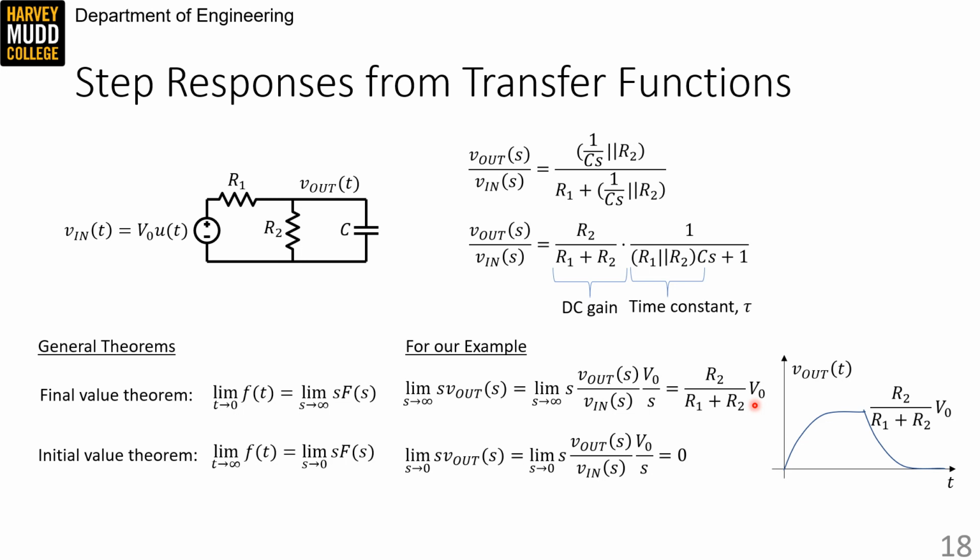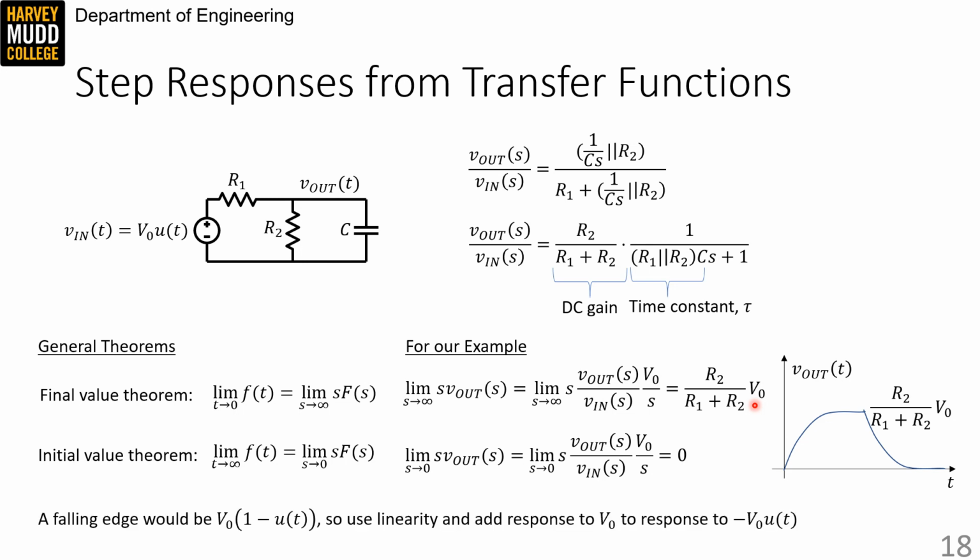we could just replace this with minus v0 and would expect our final value to be a negative number. So that means that we're missing something in the mathematical description I just gave you. And that trick is that falling edges are v0 times 1 minus u of t. So we can take advantage of the fact the circuit is linear and add the response of the circuit to a DC v0 to this negative step, to this minus v0 u of t.